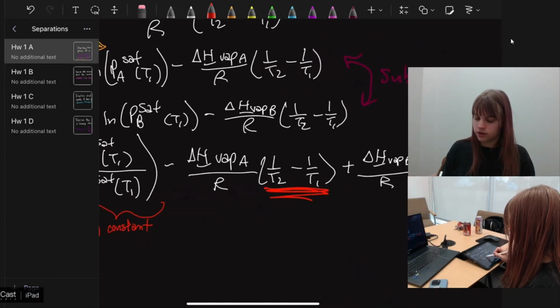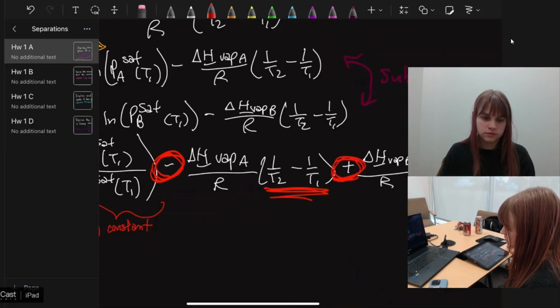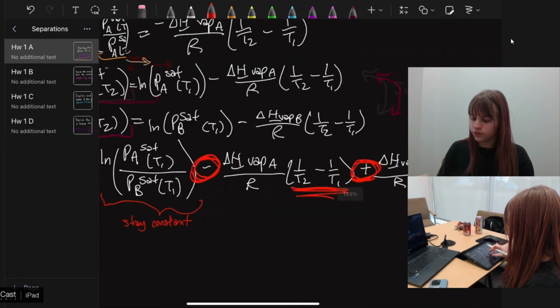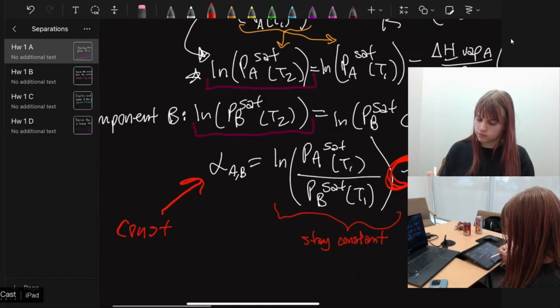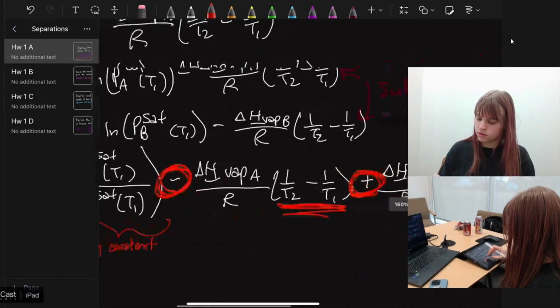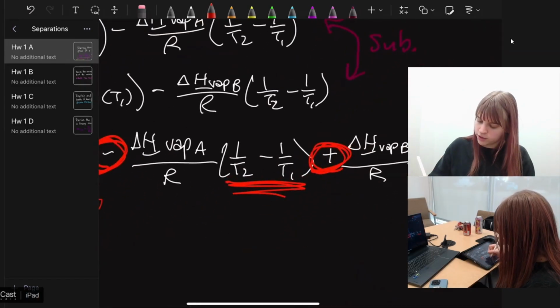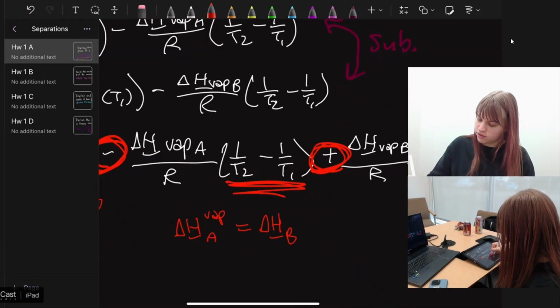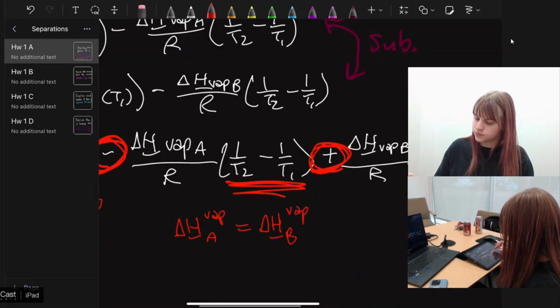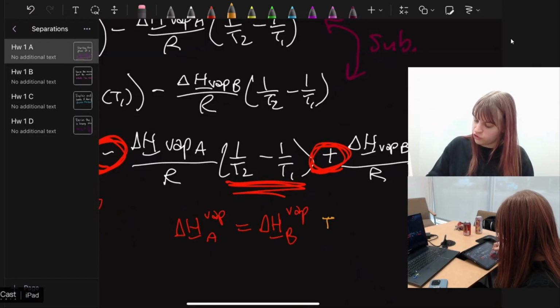And we are subtracting this, adding this. In order for this to be constant, we would require that the enthalpy of vaporization of component A be equal to the enthalpy of vaporization of component B.